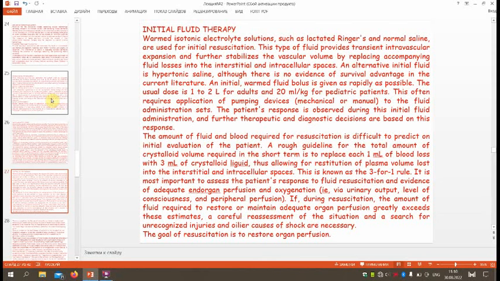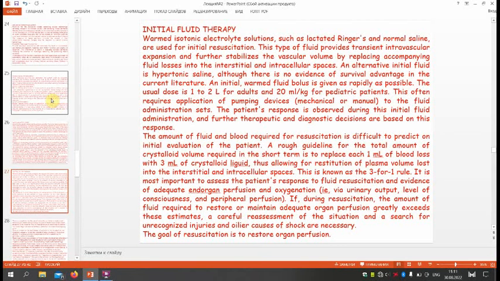This often requires application of pumping devices, mechanical or manual, to the fluid administration sets. The patient response is observed during this initial fluid administration, and further therapeutic and diagnostic decisions are based on this response. The amount of fluid and blood required for resuscitation is difficult to predict on initial evaluation of the patient.